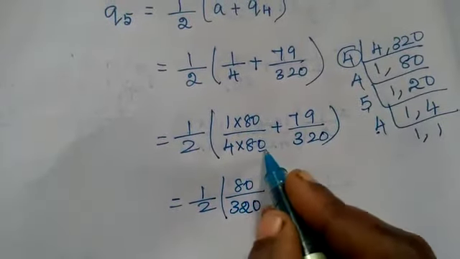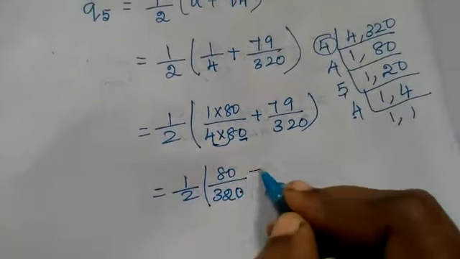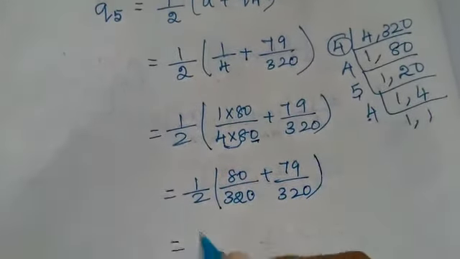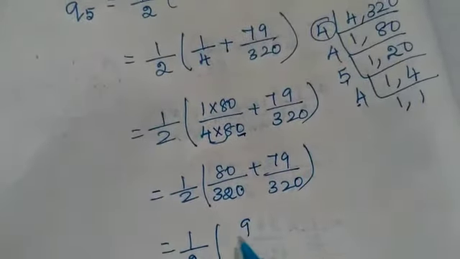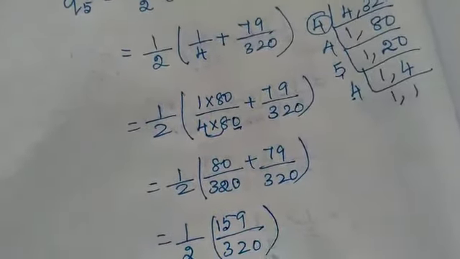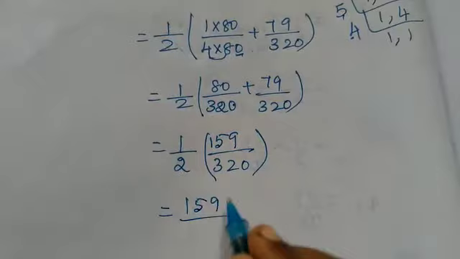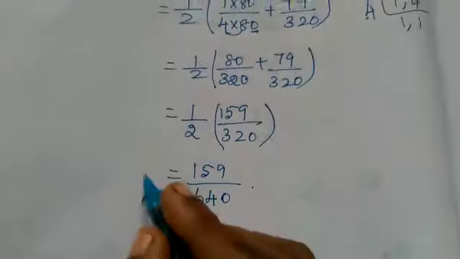If the last number is 0, we multiply the numbers and add the 0. First we add: 0 plus 9, 9. 8 plus 7 is 15. Now 320. Next you multiply the numerator: 159 by 640. So this one is the last.